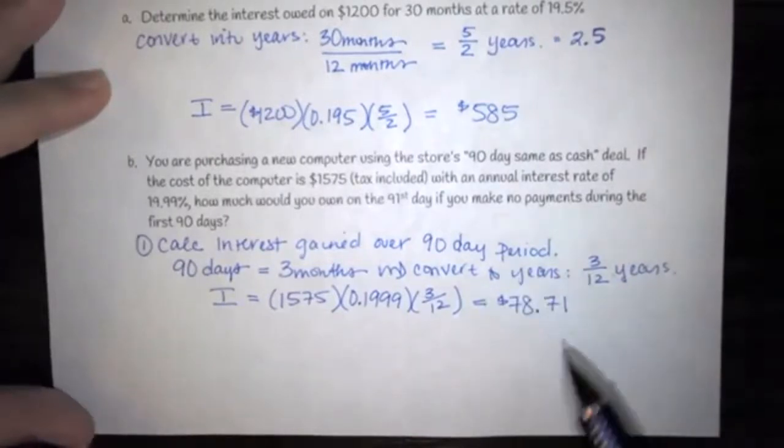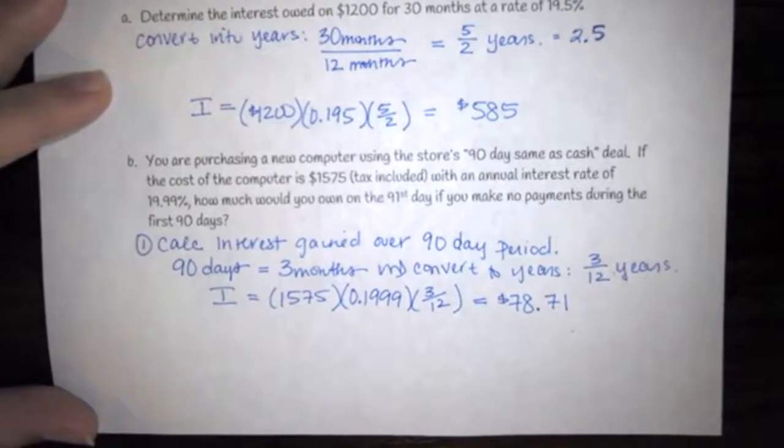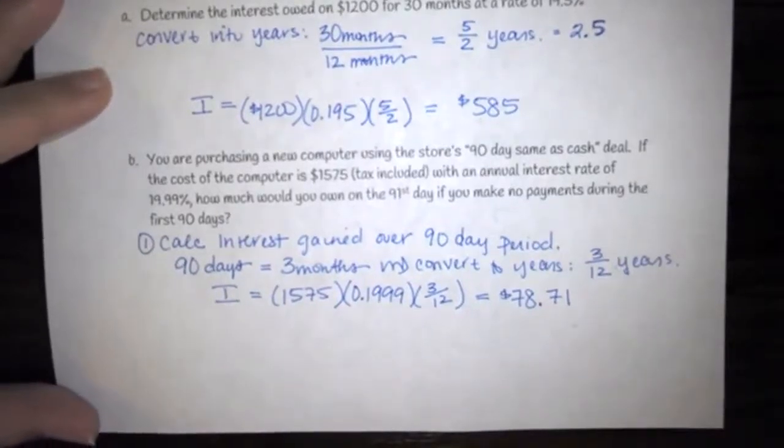Now you only ever want to round when you get to your end dollar and cent part. That's when you want to finally go ahead and do your rounding. And remember, when we're talking about cents, we only have hundredths place, so you're going to always round to 2 decimals.